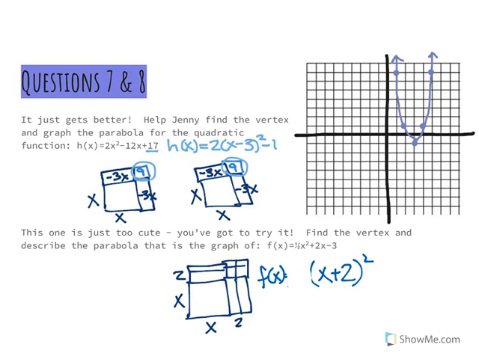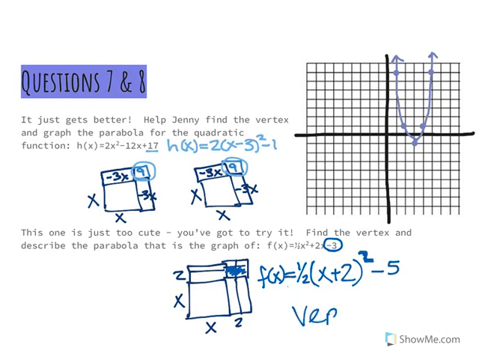Half of x plus 2 squared. So if I'm finding half of this, then when I do the corner, I want half of what's up there. There's 4 up there, so I only want 2 of them. In order to get negative 3, if I'm at 2, I need to subtract 5 to get to my negative 3.